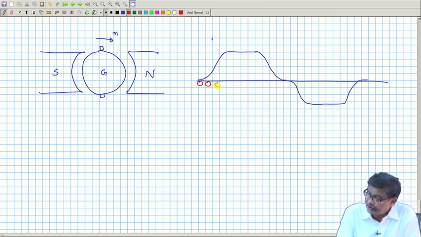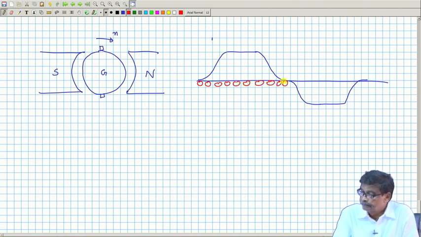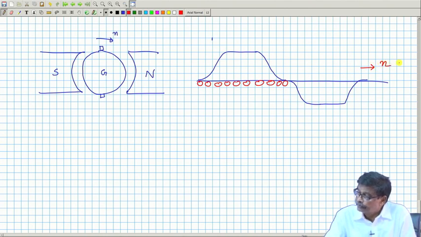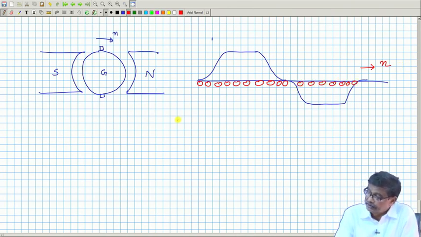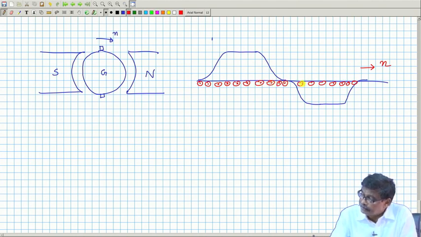Okay, let it be red, armature conductors, and this is the direction of rotation, conductors direction of rotation, red colors, and these are the armature conductors, and these are dot and these are cross.